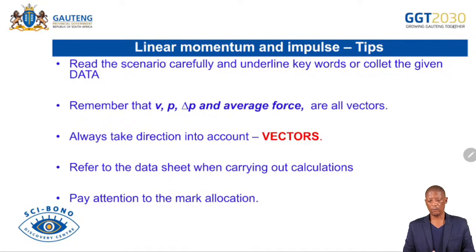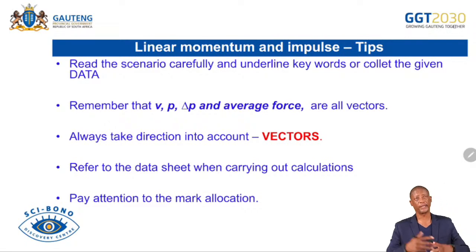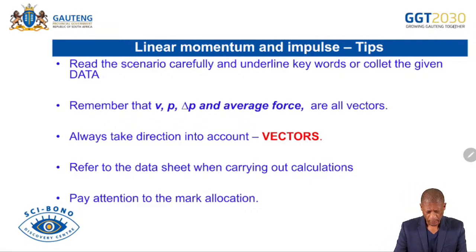Now, this is what I want you to know as we are going to deal with momentum. These are the tips for the calculations of momentum. Read the scenario carefully and underline keywords or collect the given data. It's very important. Read the scenario you are given carefully and do the underlining.